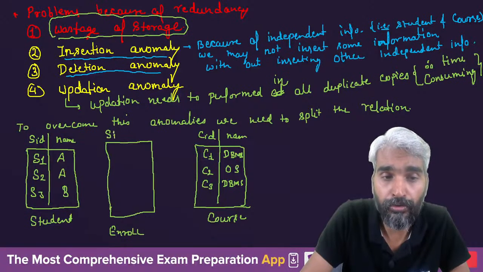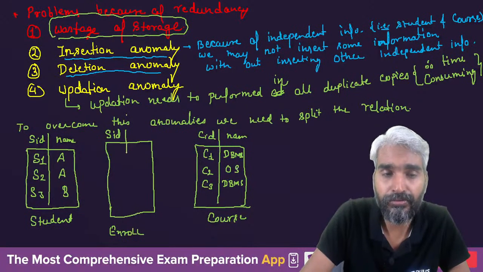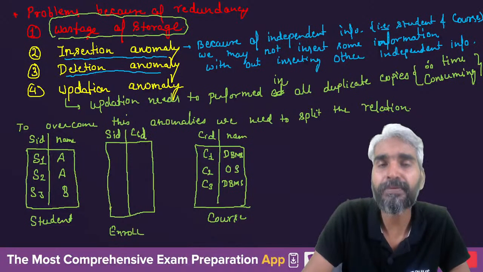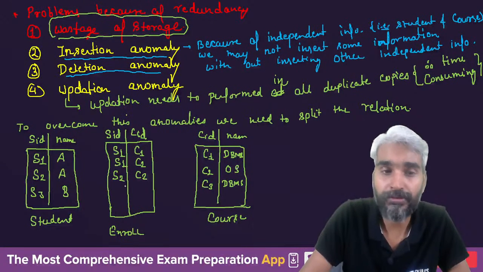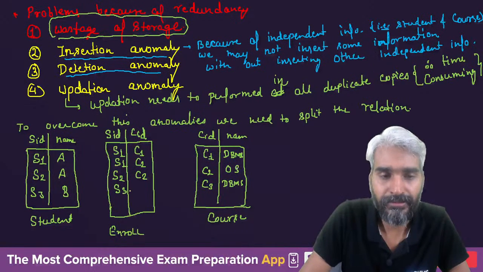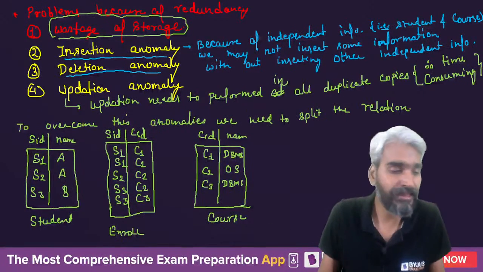So you will have two fields, SID and CID. S1 has enrolled for course C1, S1 has enrolled for course C2 as well, S2 has also enrolled for course C2, S3 has also enrolled for course C2 and S3 has enrolled for course C3 as well.